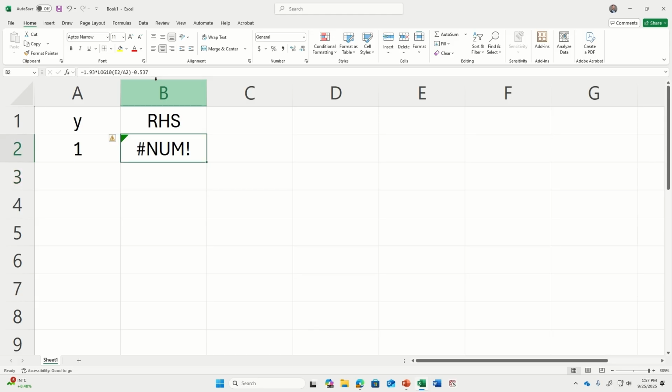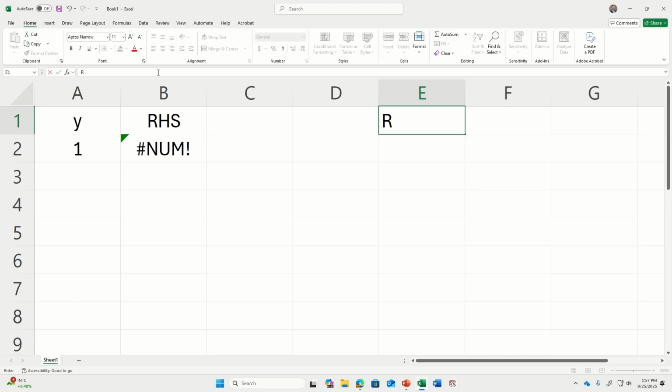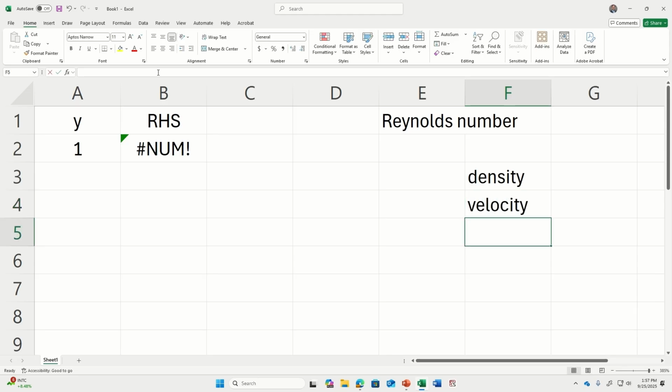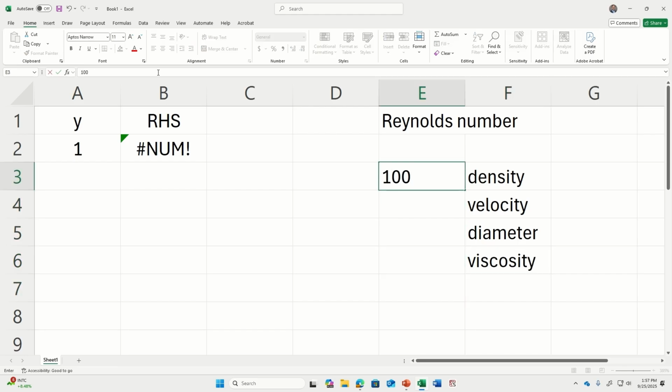Okay. And then in cell E2, I need to put my Reynolds number. And my Reynolds number was a function of the density, the velocity, the diameter of the pipe, and the viscosity. And so for water, the density is going to be 1000 kilograms per meter cubed. It's an SI unit, so it's really easy to remember.